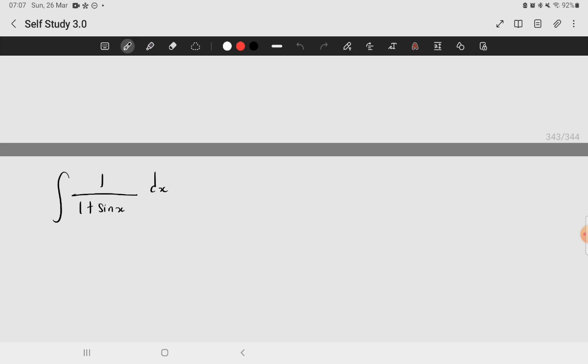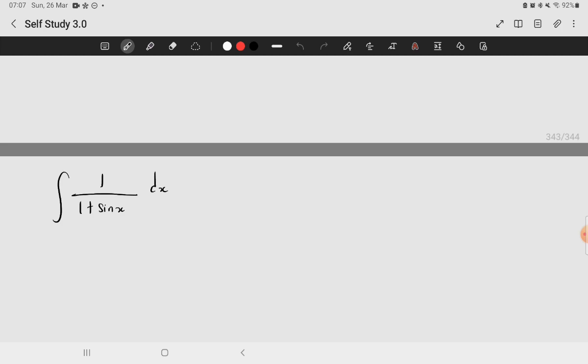This particular substitution has been given, so the question was to use this substitution to solve this integral. Now the resulting integrals will only differ by a constant, but later on I'll be showing, using decimals, how much the difference is. Anyway, we're given the integral of 1 over 1 plus sine of x.